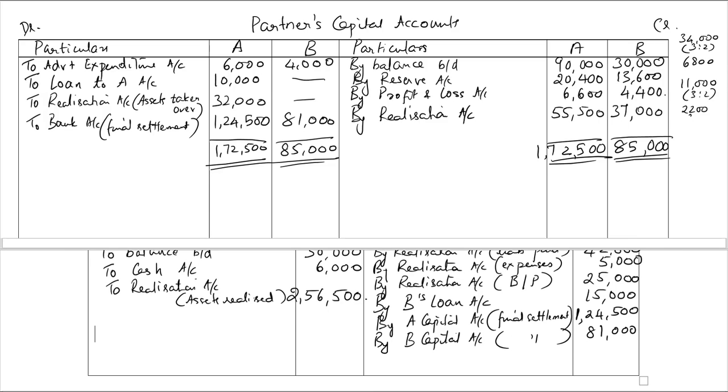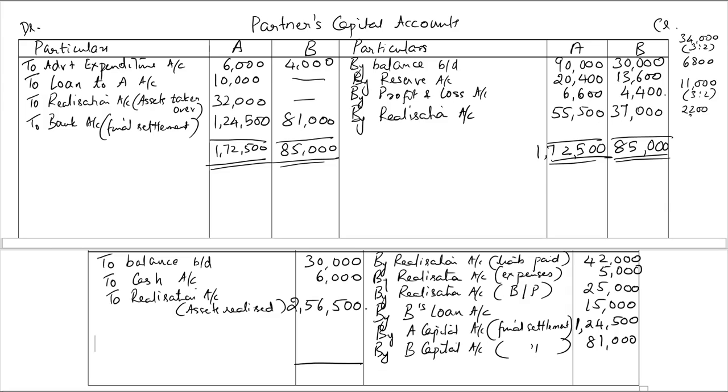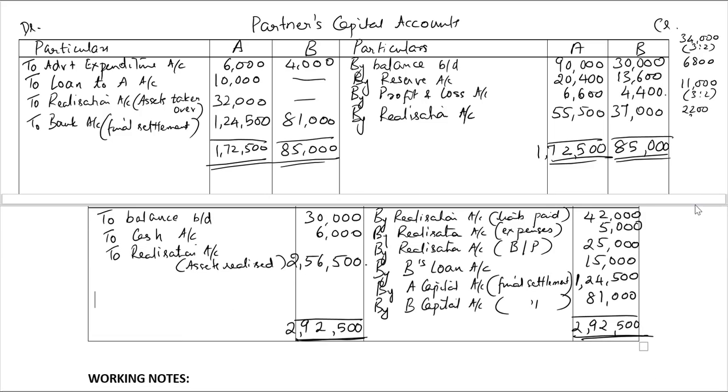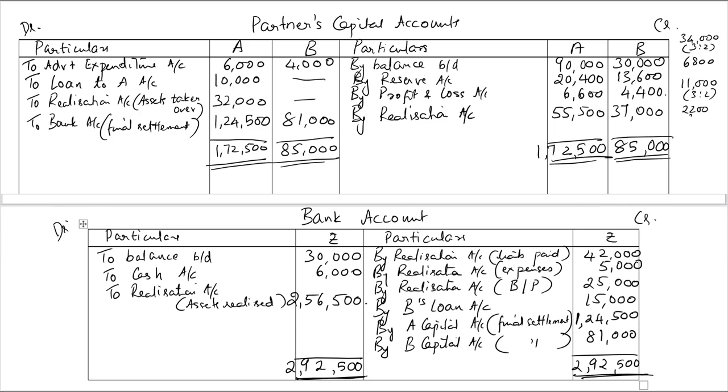Let's check if the cash bank account tallies. The debit side totals to 2,92,500. The credit side also totals to 2,92,500 rupees. So this is the bank account.